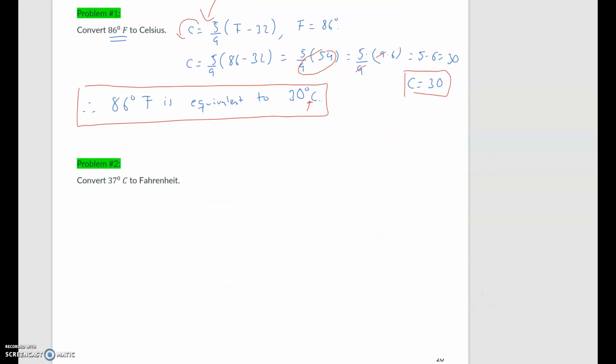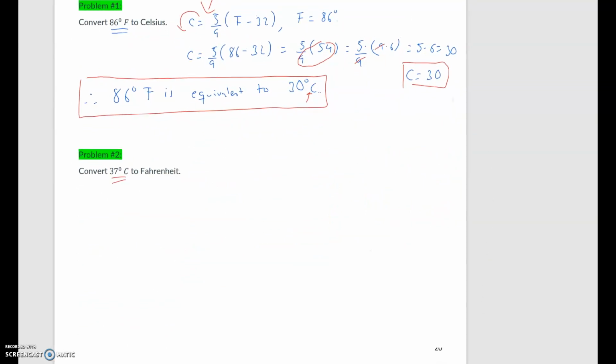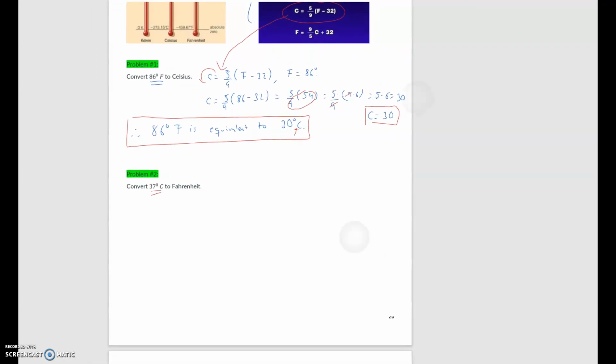Problem 2, they want us to go from degrees Celsius to Fahrenheit. And let me just rewrite the formula. We're looking at this formula. So this one's going to be F is equal to 9/5 times C plus 32.